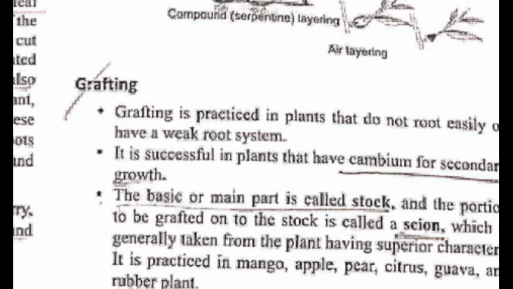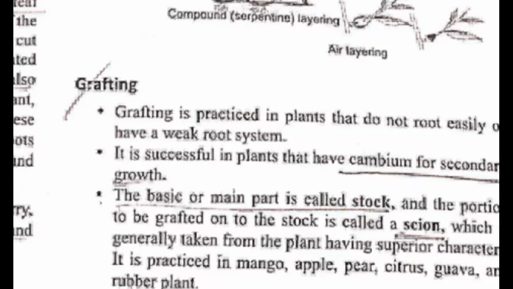That is called the stock. The other plant you add to the stock is called the scion. Take two plants, one of good quality, another with good colors, or whatever it may be. The one which has roots with the pot is called the stock. The one which does not have roots but has branches is called the scion.